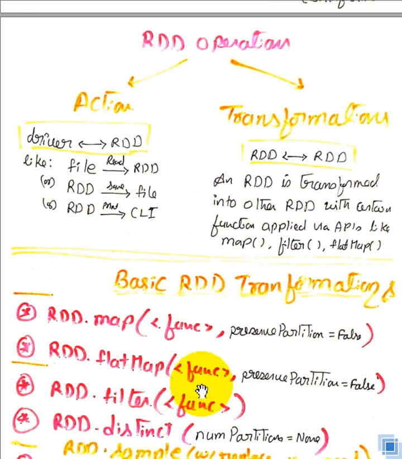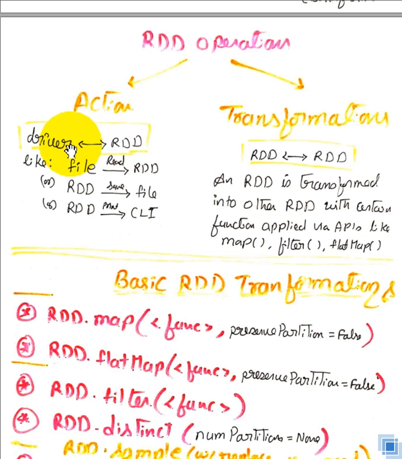So generally the RDD operations are divided into two categories. One is called action and the other is called transformation. So if the data is being interacted between a driver and RDD, then it's called action.